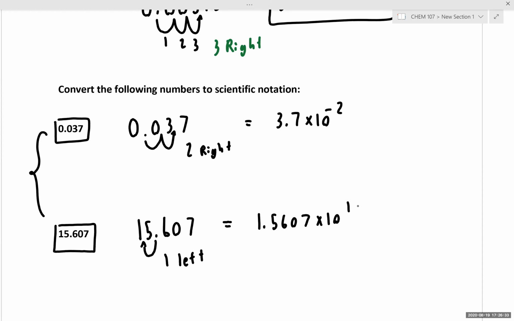Oh, question. Yes. So do we need to write 10 to the first? Can we just omit the first? Just 1.567 times 10, not like 10 to the first? So in scientific notation, you typically include the power of 10 just for completeness.